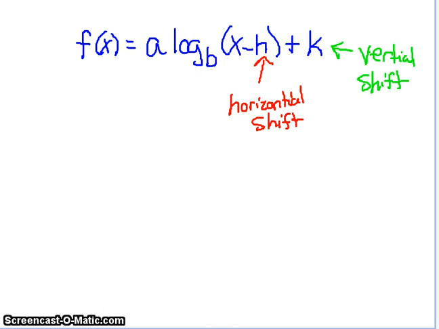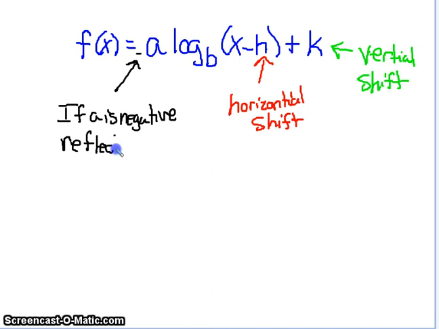If a is negative, if a negative is in the front, then we reflect over the x-axis.